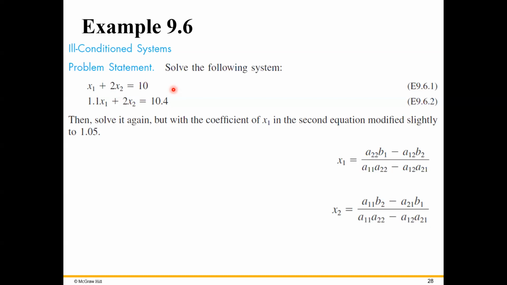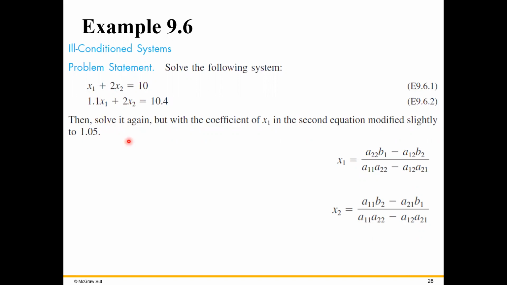First of all, we will find the solution of this system using these exact values. However, in the second part, we will replace the 1.1 coefficient with 1.01 and then find the solution, and we will see that these two solutions are very much different from each other.